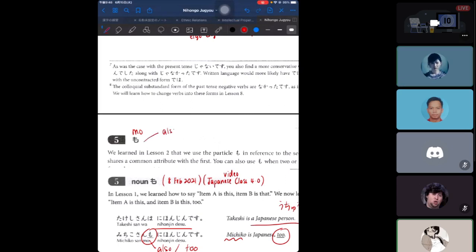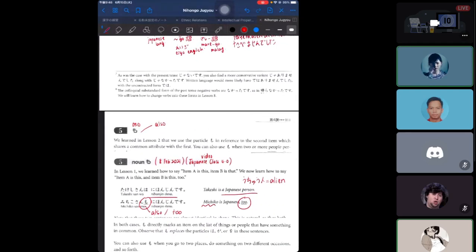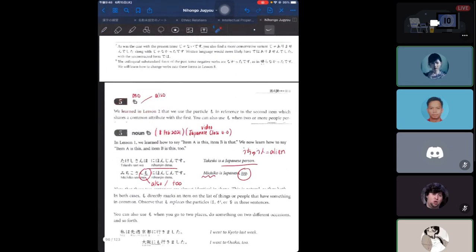also, actually. Also. In chapter 2, we actually have learned this grammar more, which is this one. I screenshotted this one more. Basically the meaning is item A is this, item B is also that. So it can have the meaning of two.